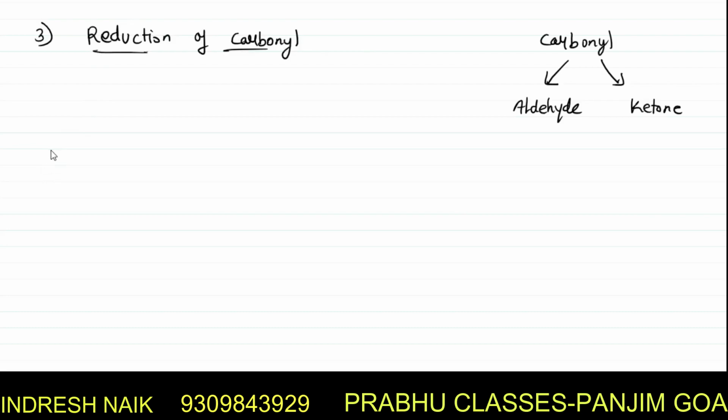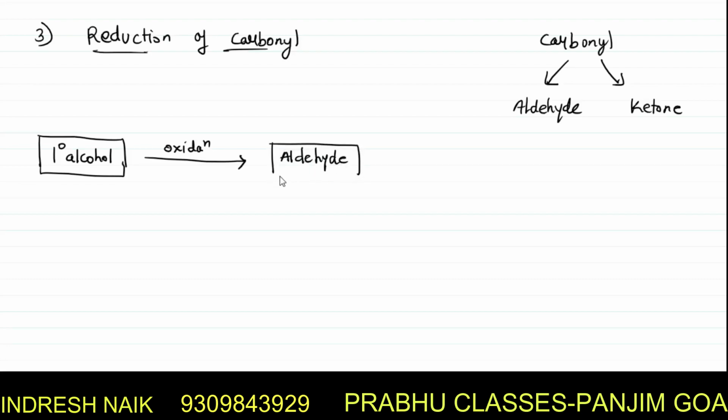If you take a primary alcohol, now you understand the meaning of primary alcohol. If you do the oxidation of the primary alcohol, the flow chart is very simple. What you are going to get is an aldehyde.